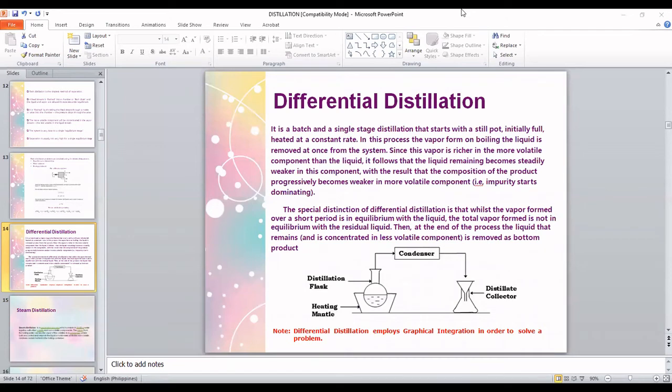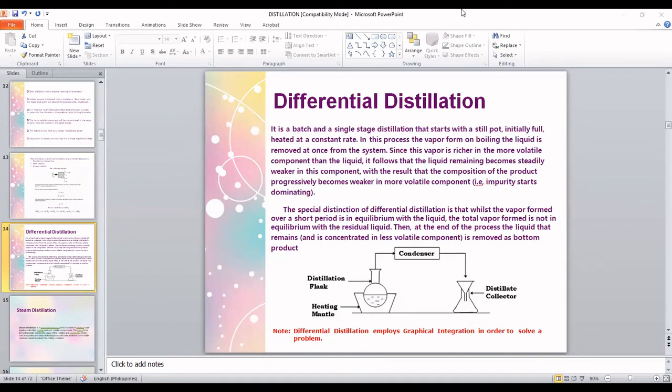If you're going to simplify the statement, what is it trying to tell you? Where does the equilibrium exist? What vapor and liquid phases is it referring to? In contrast to the saying, it's not actually the other way around, that the total vapor formed is in equilibrium with the residual liquid.